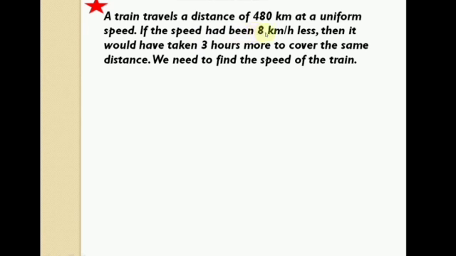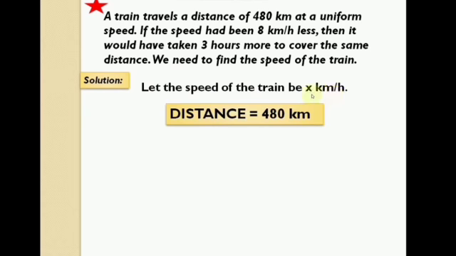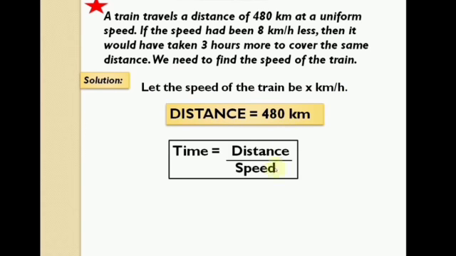If speed decreases, obviously time will increase, and we have to find the speed of the train. So first we will suppose, let the speed of the train be x kilometer per hour and the distance is given, 480 kilometer. So time will be distance upon speed, as we know.